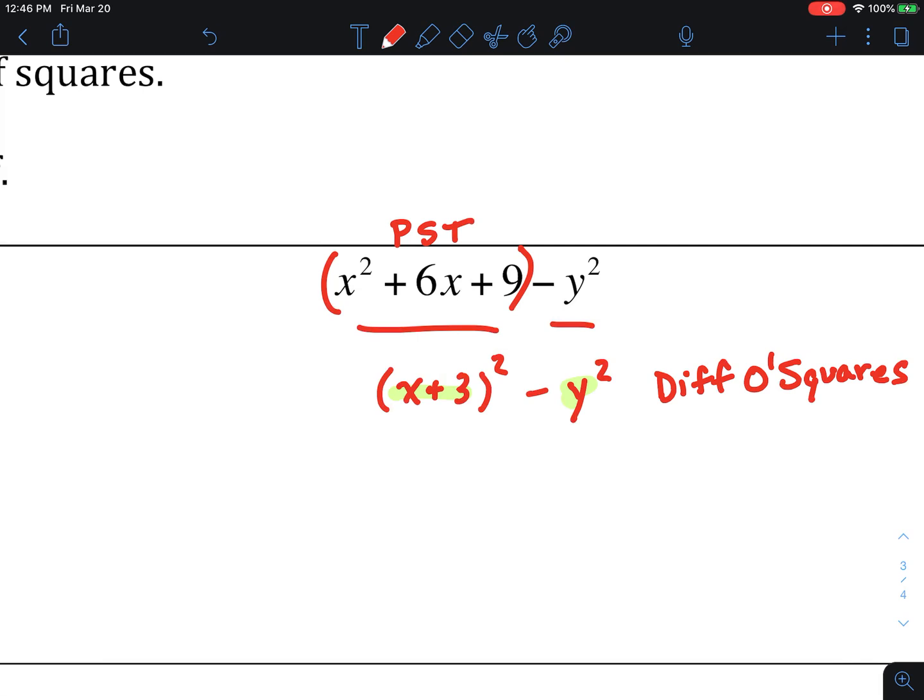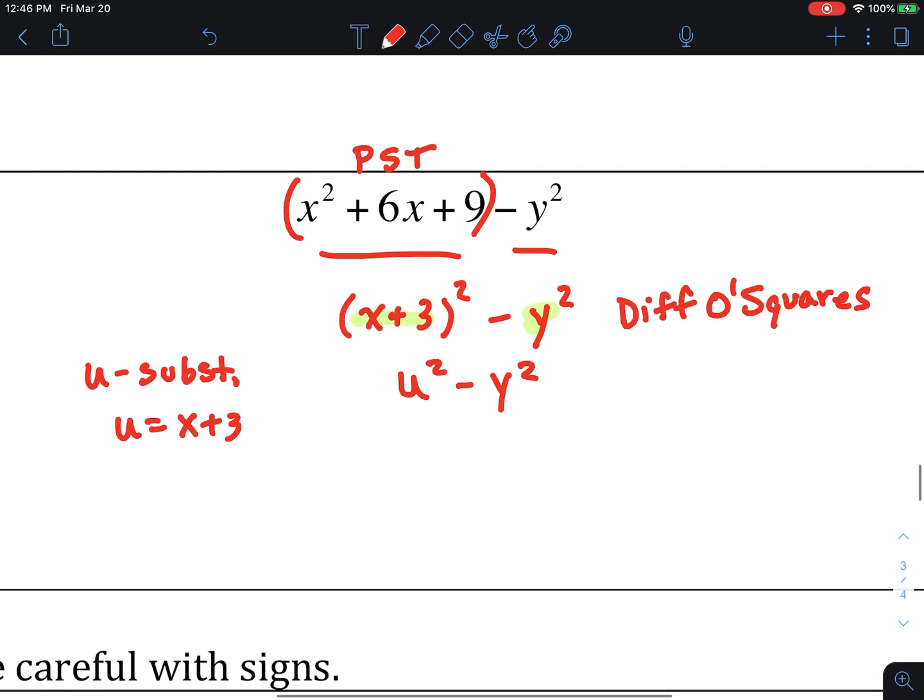Now, a few classes ago, or a few weeks ago at this point, I suppose, I taught you something called the U substitution, right? Do you remember that? Basically, it said that I can use any other variable, and we choose u, to replace a polynomial with more than one term to make it a little bit simpler. So if I let u, for example, equal x plus 3, then this polynomial can be written as u squared minus y squared.